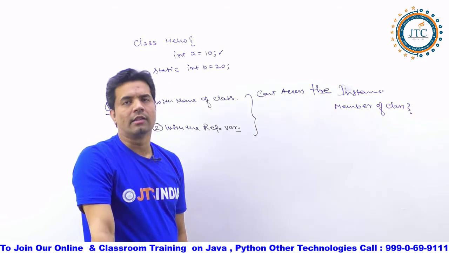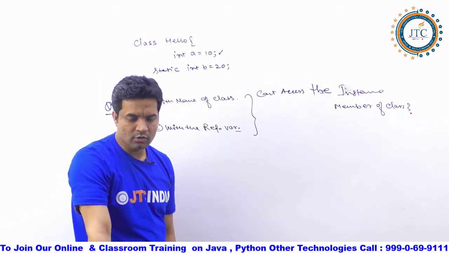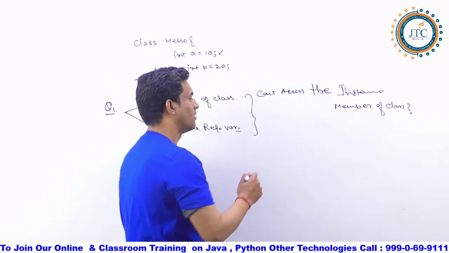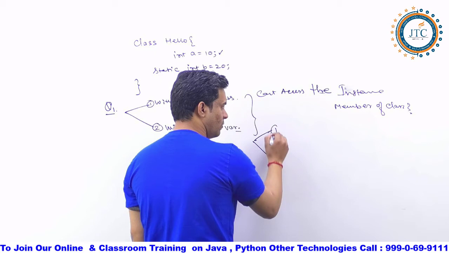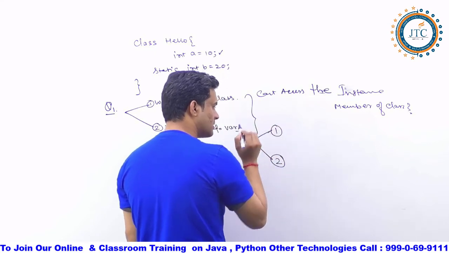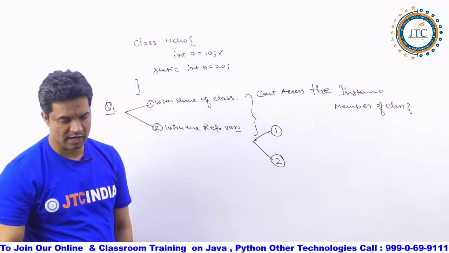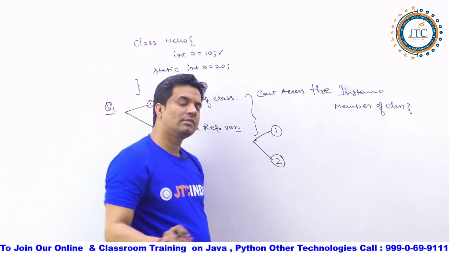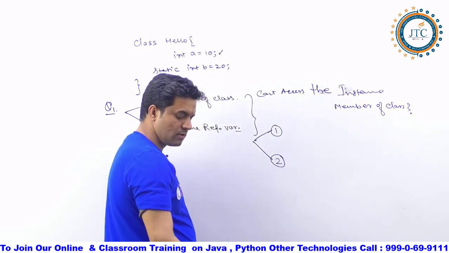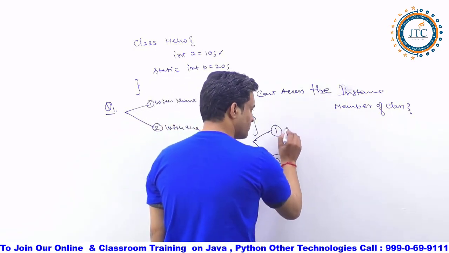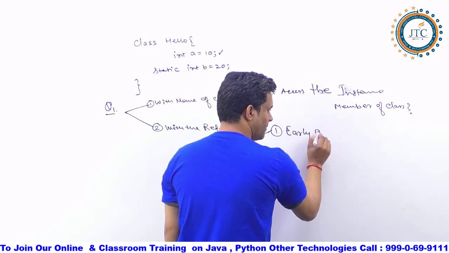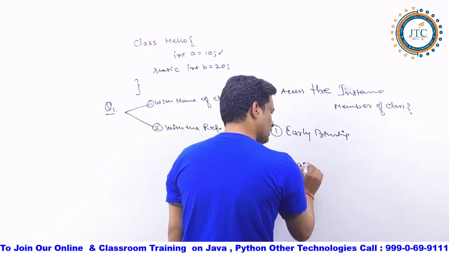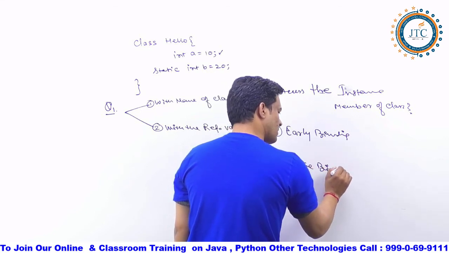Now I'll give you one hint to make it more clear. We have two concepts here, and this is homework for you. Concept number 1 is early binding, and concept number 2 is late binding.